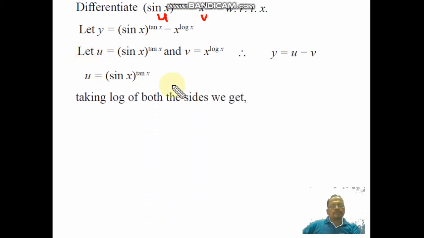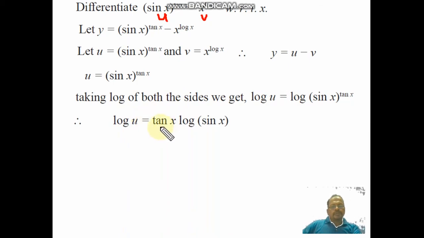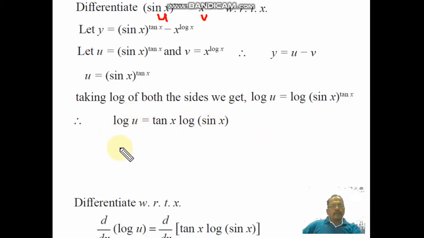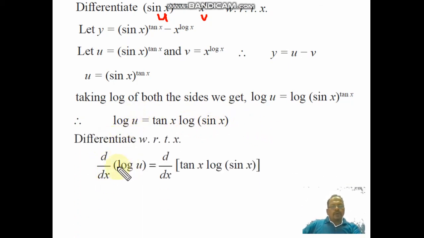Therefore y is u minus v, u is equal to sin x raised to tan x, take logarithms and we get log u is equal to log of sin x raised to tan x, this tan x over here, so it becomes tan x into log of sin x. Now differentiate both sides with respect to x and get 1 upon, derivative of log u is equal to derivative of tan x into log of sin x.